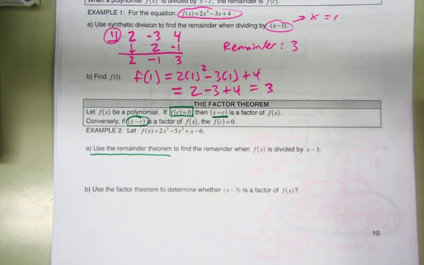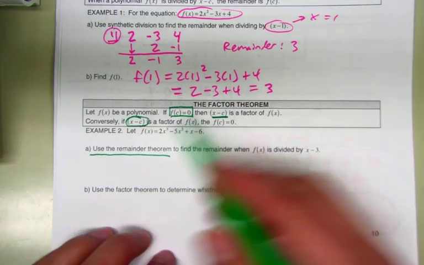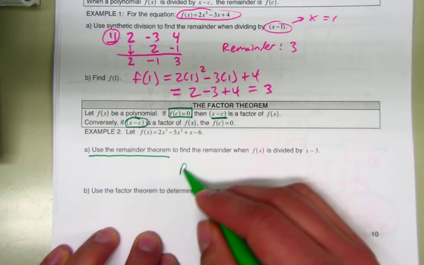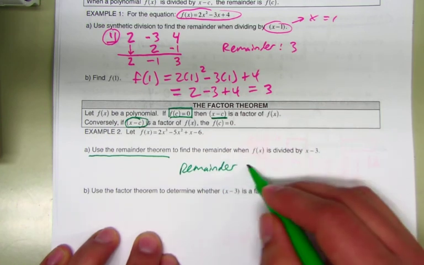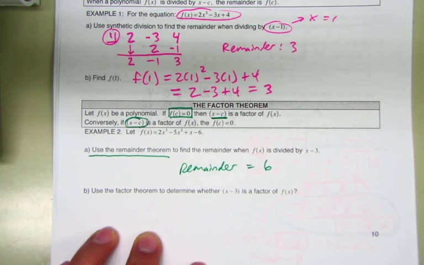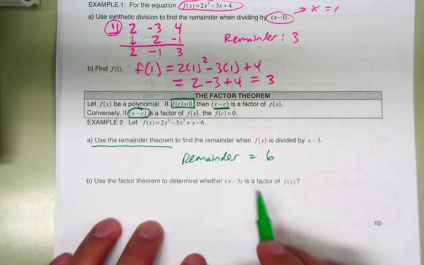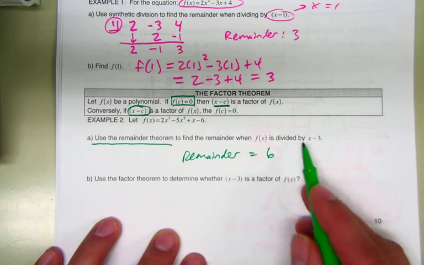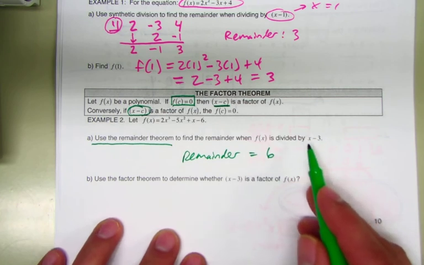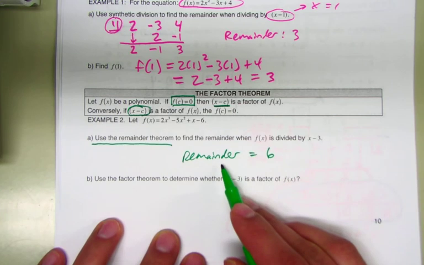What are we getting, you guys? 6? Everybody's getting 6? Okay, so whether you do synthetic or if you just plug in 3, the remainder is 6. Everybody getting that? Okay. Now, because the remainder is 6, does it make sense that x minus 3 is a factor? Yes or no? What does the remainder have to be?